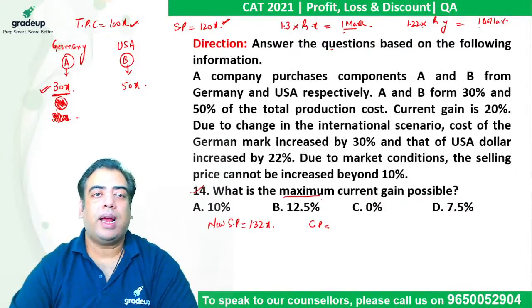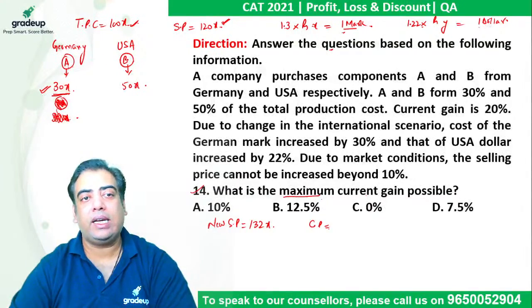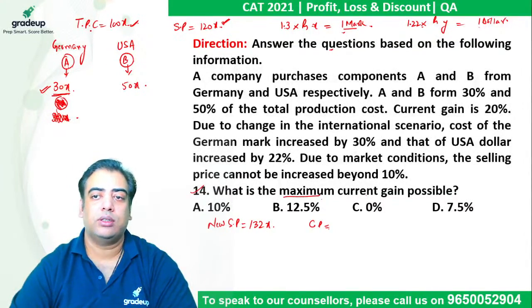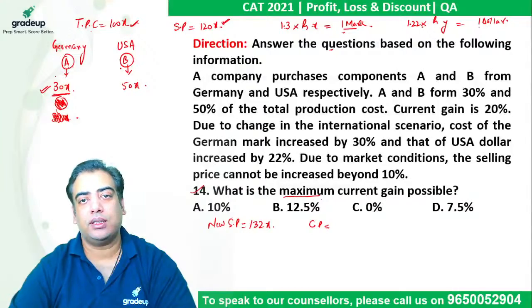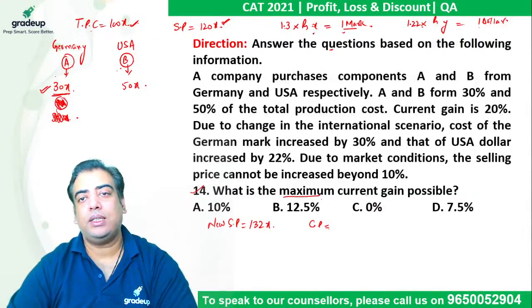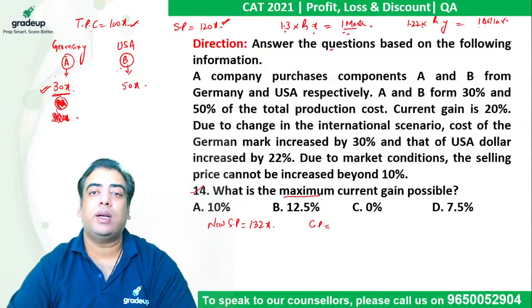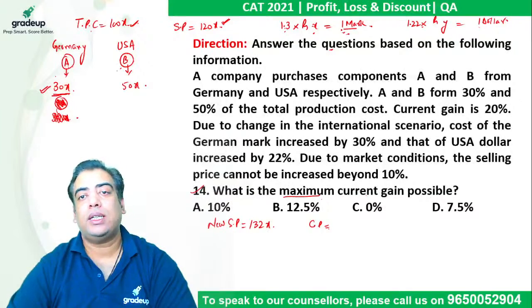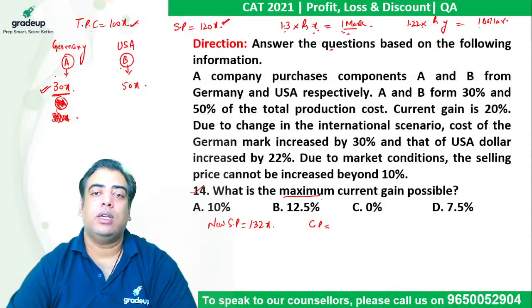So please keep in mind these two comprise 80% of the total production cost, 30% and 50%, right? Initially in x rupees we were able to purchase 1 mark, but now we have to spend 1.3 rupee to purchase 1 mark, right? Which means the value is going to change now, right?